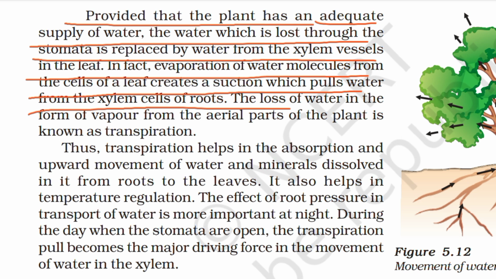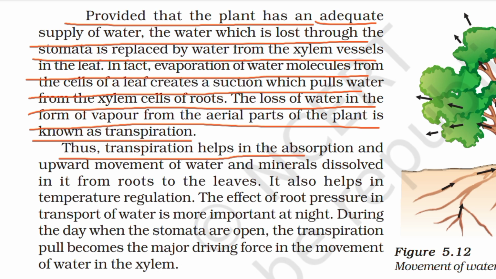The loss of water in the form of vapor from the aerial part of the plant is known as transpiration. Thus, transpiration helps in the absorption and upward movement of water and minerals dissolved in it from roots to the leaves. It also helps in temperature regulation.